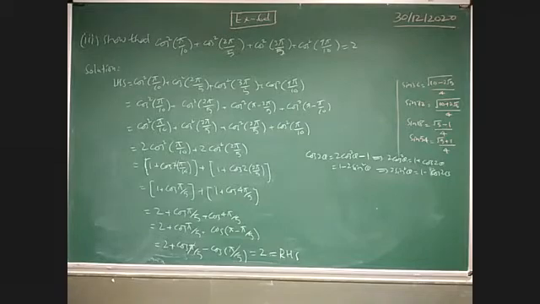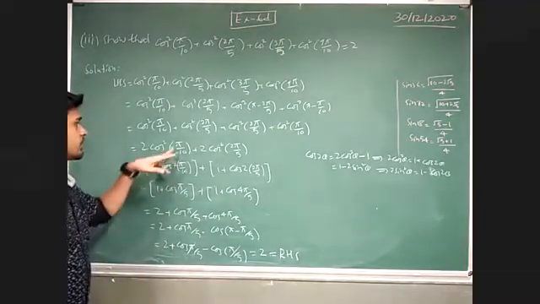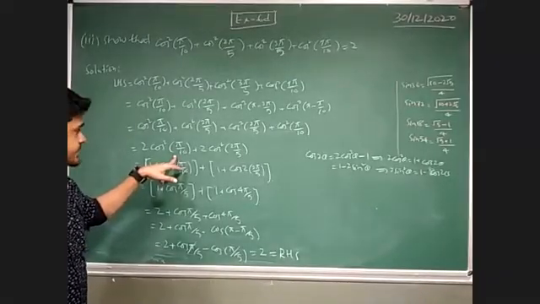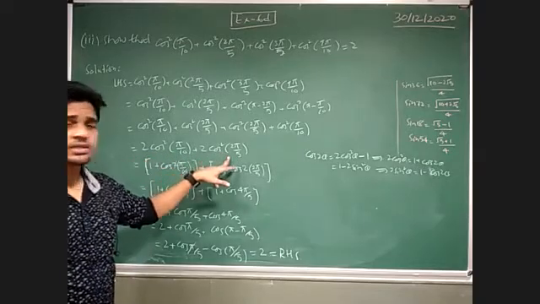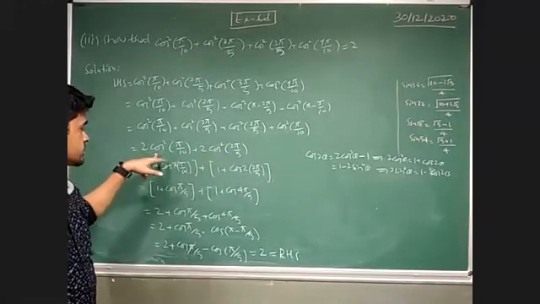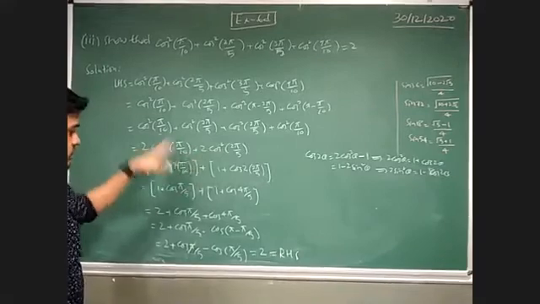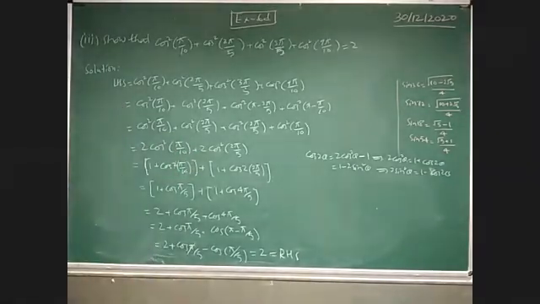Or else, boys, what can you do? You can do pi by 10 is nothing but 36, so you can use cos 36 and cos 72. If you know cos 36 and cos 72, just put the values and you will get the same answer, means you will get 2.